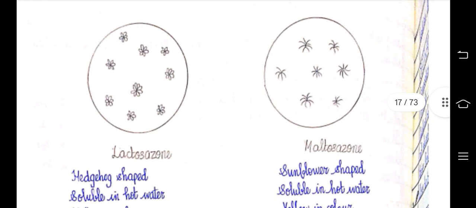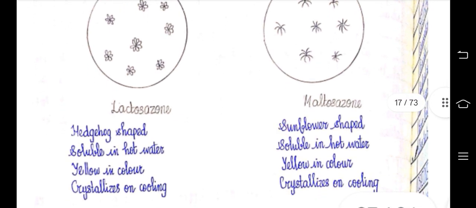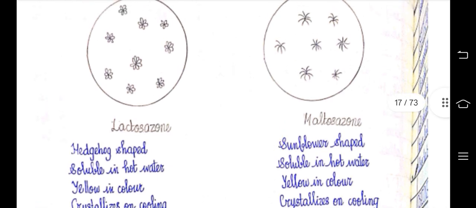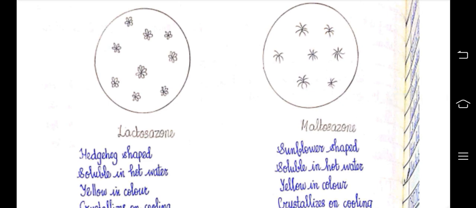Here you could see 2 pictures. Lactose osazone is hedgehog shaped, yellow in color, soluble in hot water, and crystallizes on cooling, so it only precipitates out after cooling.